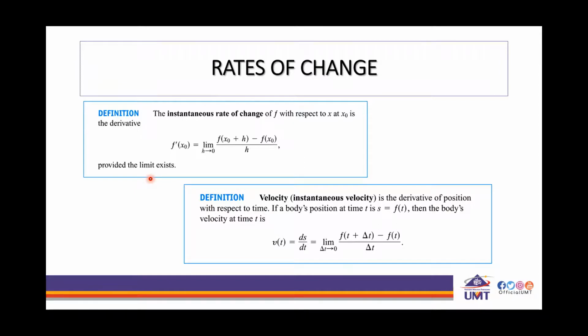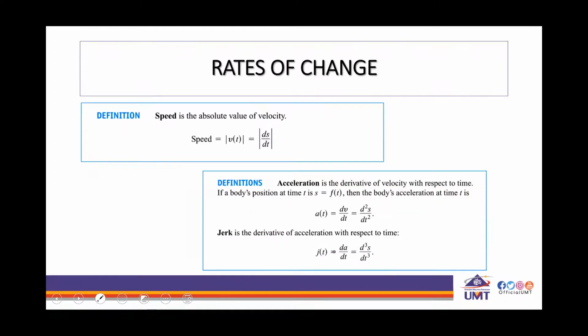If a body's position at time t is s equals f of t, then the body's velocity at time t is v of t equals ds over dt, equals the limit as h approaches 0. It's the same as above, except here we use t because it is with respect to time. S in Malay is sesaran, and velocity is pecutan, right? I don't remember exactly the Malay terms, but something like that.